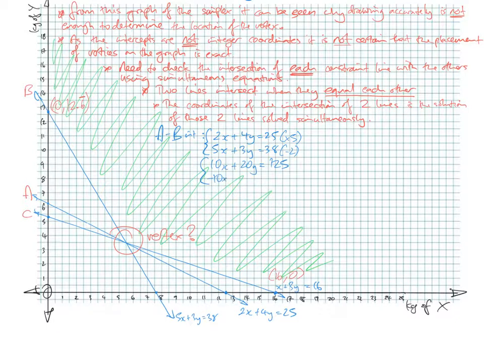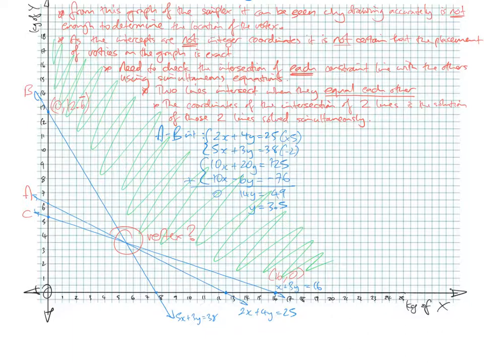Negative 10x take 6y is equal to 38 times negative 2, which is negative 76. I can add them together now. That's going to be 0. 20 take 6y is going to be 14y. 125 take 76 is 49. Y is going to be 49 divided by 14, 3.5.